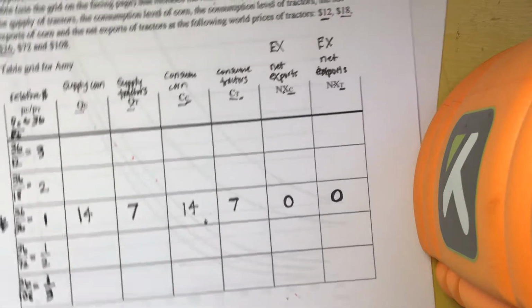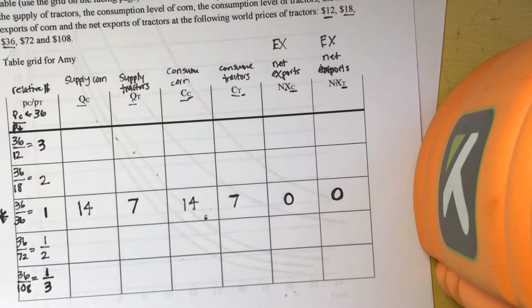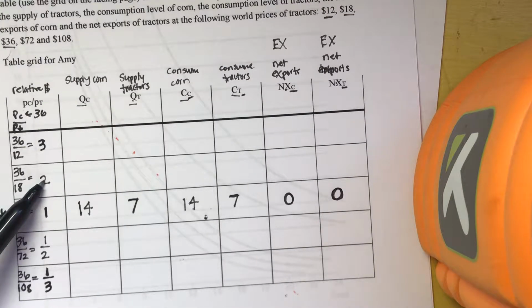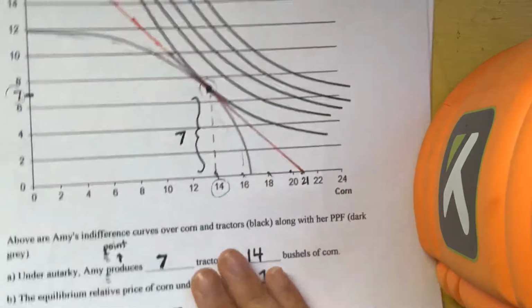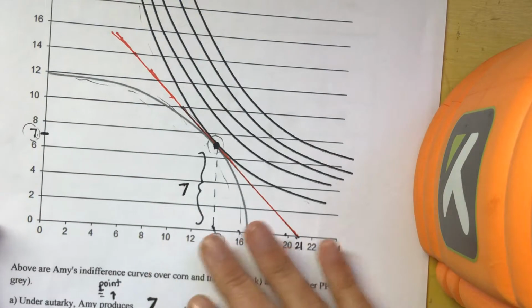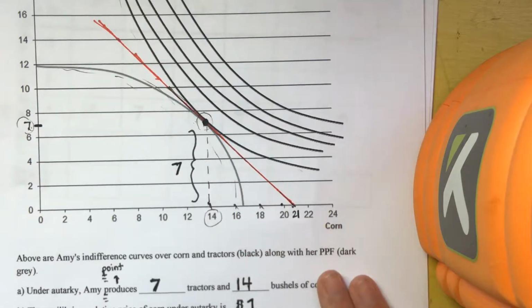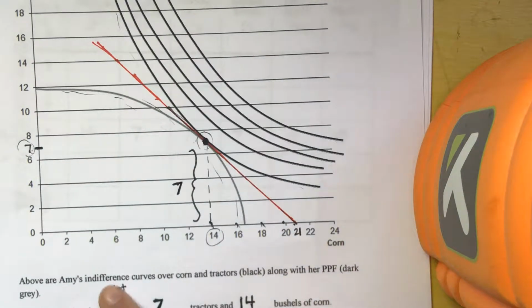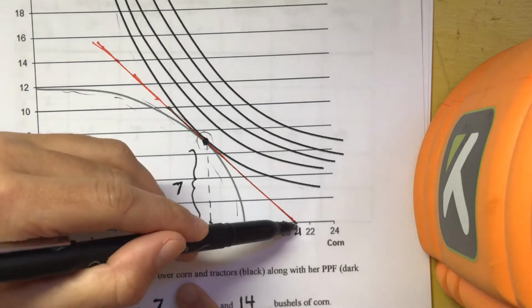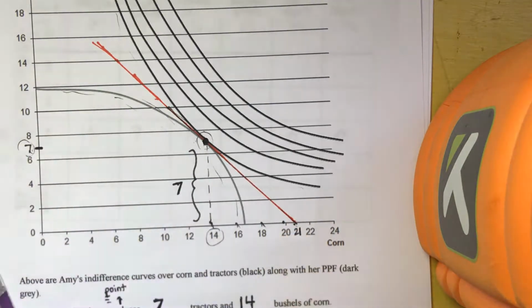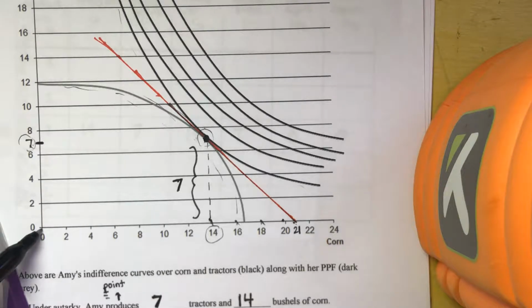Okay, the next we can do is 2. So you come back to your grid, and the way that we're going to graph 2 is I'm going to find the slope. Over here, 7 down and 7 to the right was 1. So if I do 4 down and 2 to the right, that's 2.